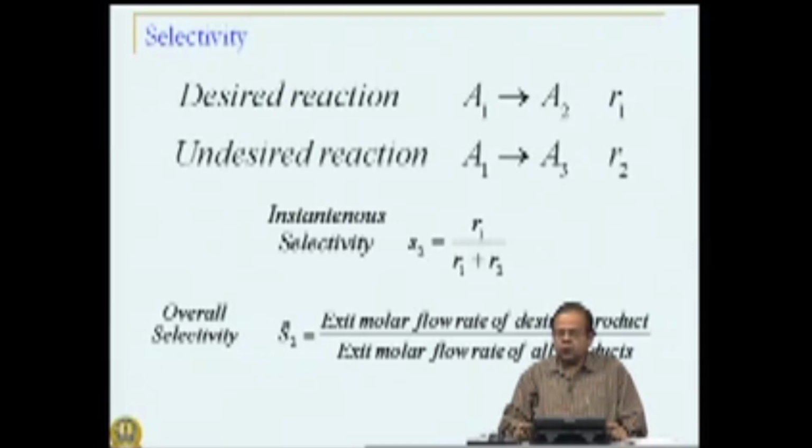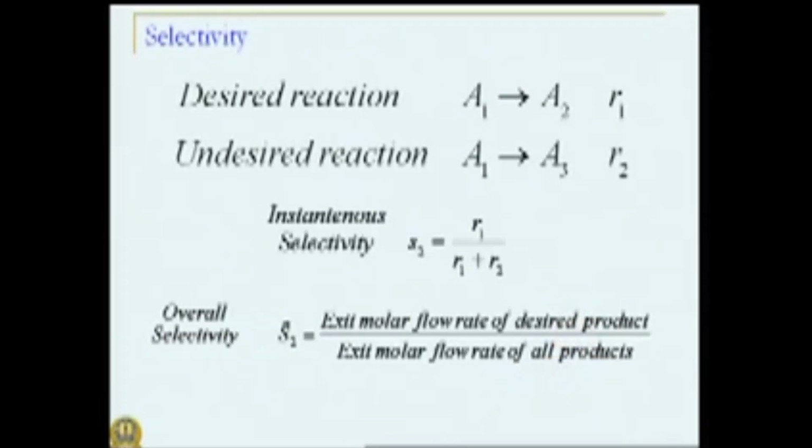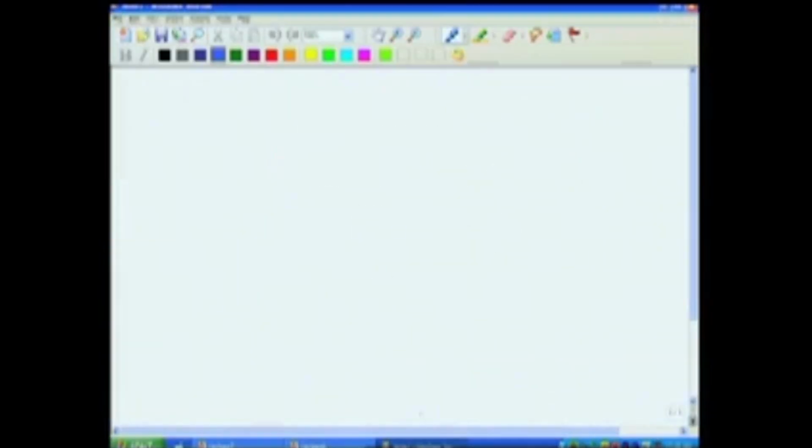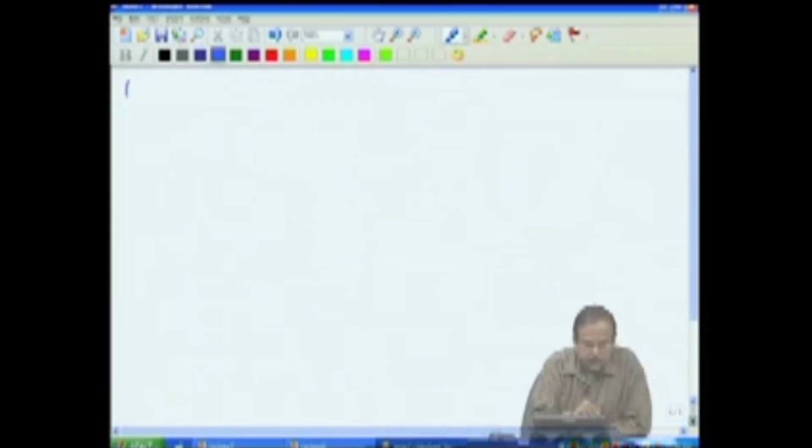Let us now see how these two quantities are related to each other and how the design of reactor now gets influenced by ideas such as selectivity. So, let us work this same problem, but now let us say that we have a plug flow reactor.